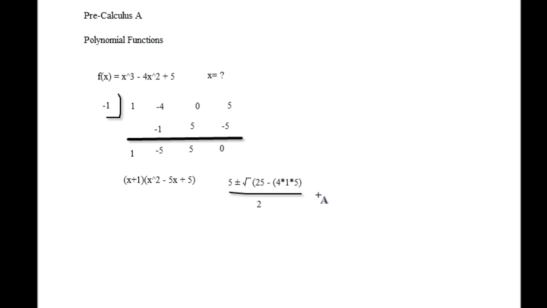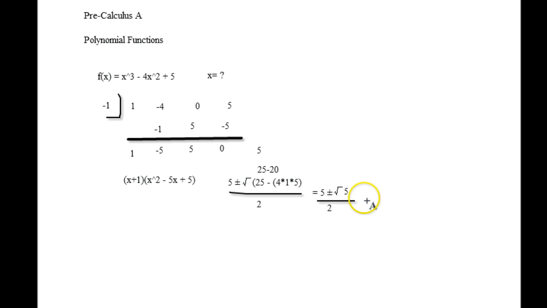So just setting up my quadratic formula, I get 5 plus or minus. Now this right here is going to turn into 25 minus 20, which turns into just 5. So that's the square root of 5. So I'm going to have 5 plus or minus root 5 over 2. And so those are going to be my two answers.